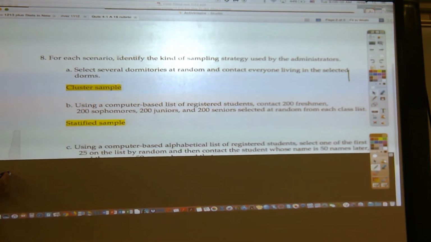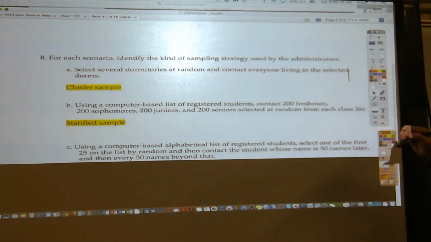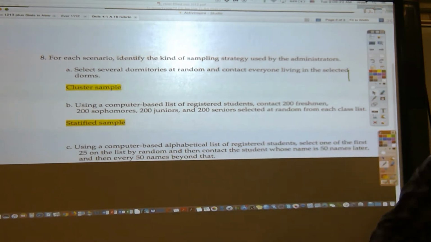Part C, using the computer-based alphabetical list of registered students, select one of the first 25 on the list by random, and then contact a student whose name is 50 names later, and then every 50 names beyond that. What is the name of the sampling strategy that's being described in this one? Raise your hand if you're reasonably sure you know which one that is.